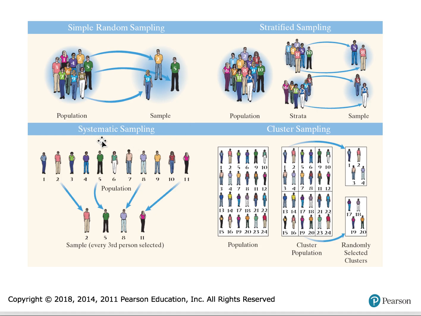And then there's systematic sampling, where this one is an example of every third person being selected. They started at 2, so you start at a random number, and then they selected every third person systematically. And cluster sampling. You break your population into clusters, groups, then you randomly select clusters and interview everyone in the cluster.